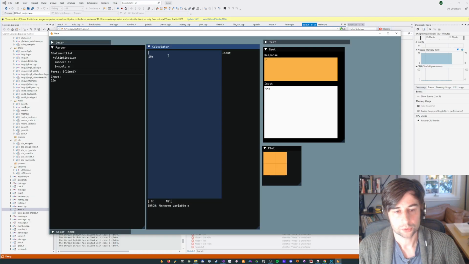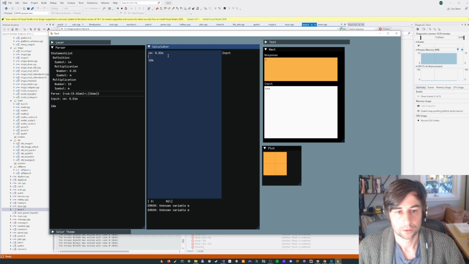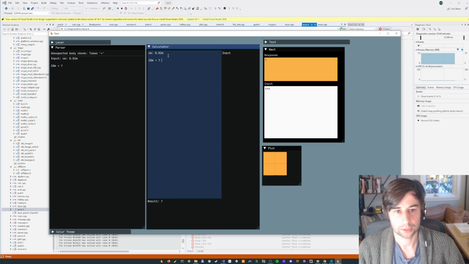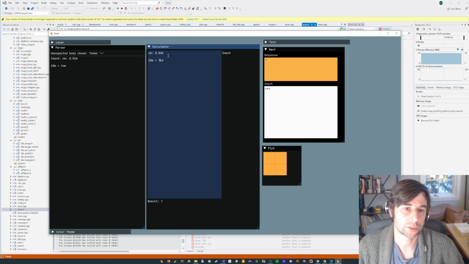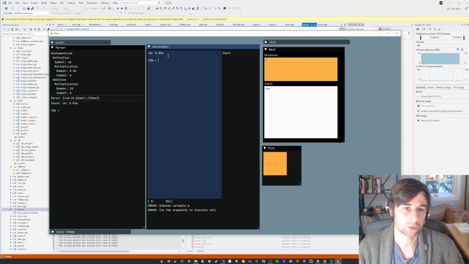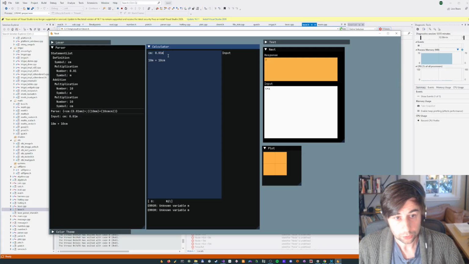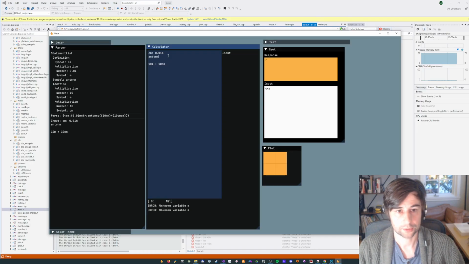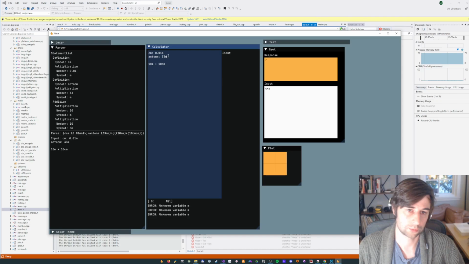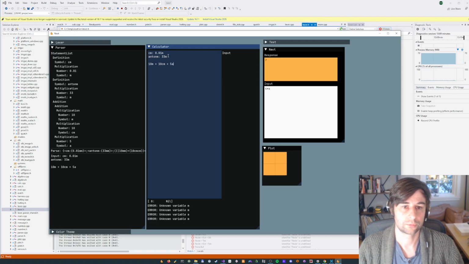But then you can do centimeters is equal to 0.01 meters. And if you have that, then you can do something like this, and with this question mark syntax, eventually I'd like it to do the conversion into that unit. Or if you do 10 meters plus 10 centimeters, it should know this relation and then be able to convert the units. And then you can do other fun stuff, like this could be Anton meters, and it's like 33 meters or something. And so you can just do 5 Anton M.